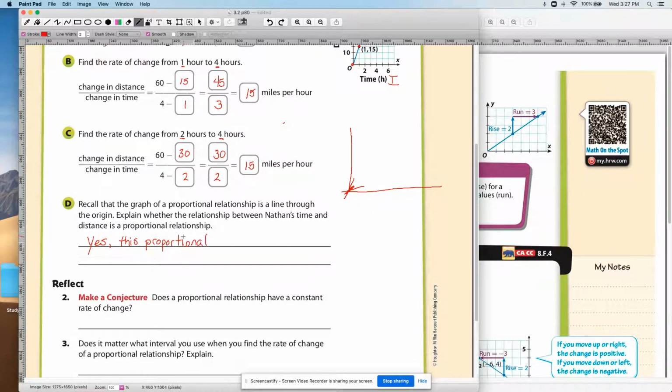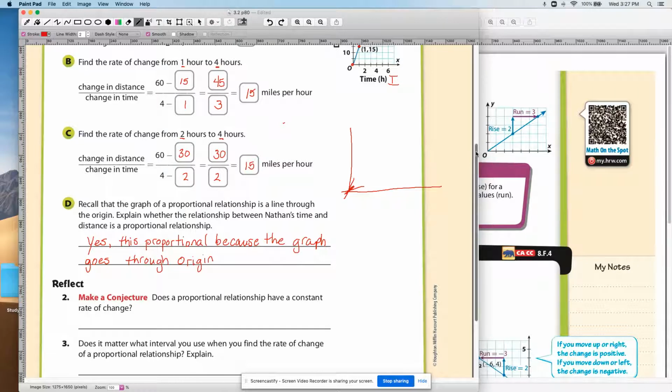And we can just say, because the graph goes through the origin. Now, I want to also talk to you about this type of situation if we didn't have a graph.